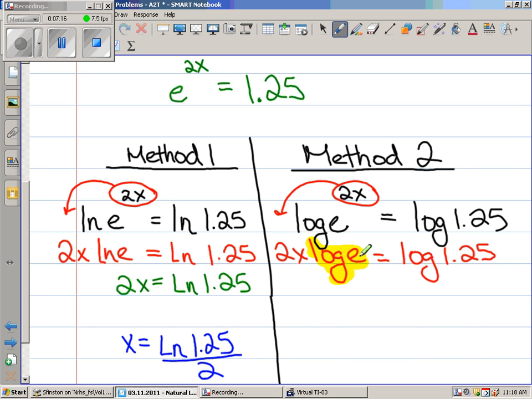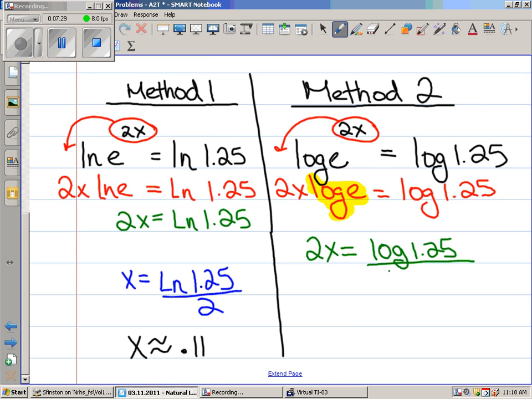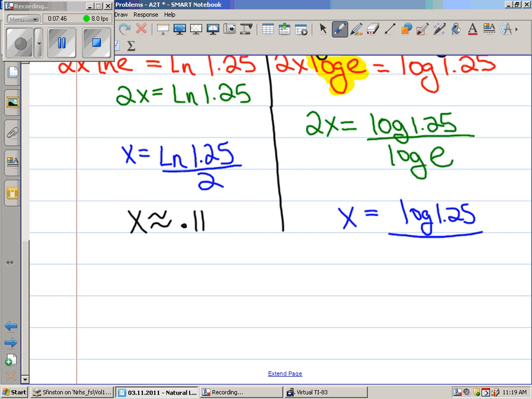So its next step would be this. 2x would be equal to the log of 1.25 divided by the log of e.